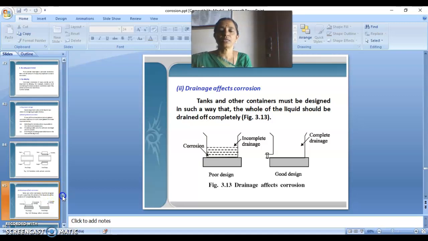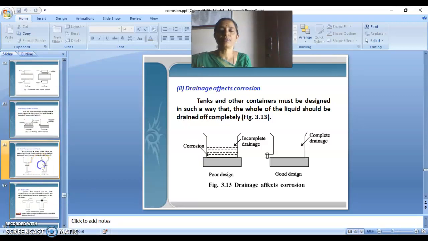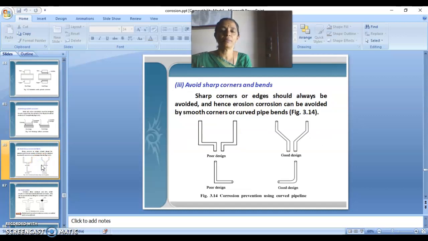So the structure should be plain. By getting a plain structure, we can avoid the corrosion. Then avoiding sharp corners and bends. During making the article of the metallic structure, we can avoid sharp edges and bends, because sharp edges and bends enhance the corrosion.